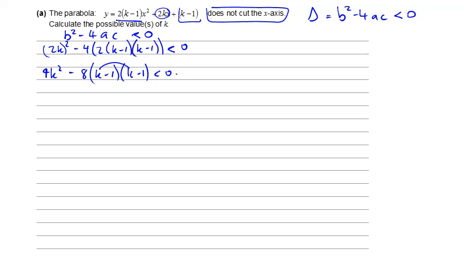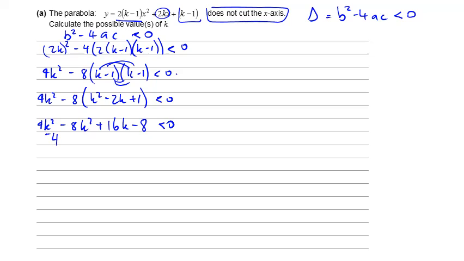Expand this out. 4k squared minus 8 lots of k squared minus 2k plus 1 less than 0. So 4k squared minus 8k squared plus 16k minus 8 is less than 0. So I've got therefore negative 4k squared plus 16k minus 8 is less than 0.